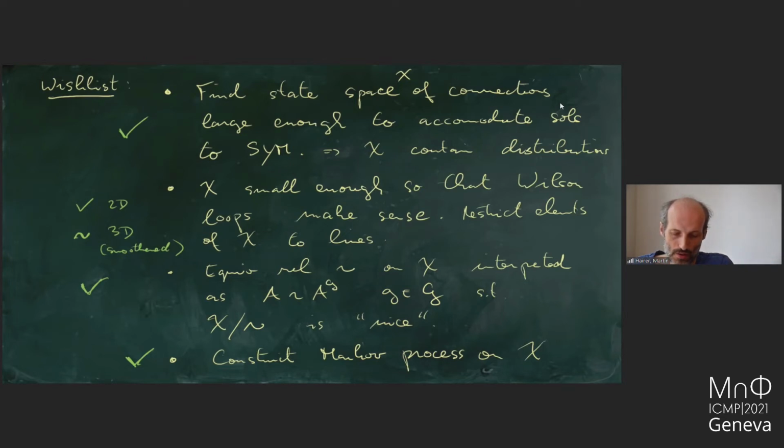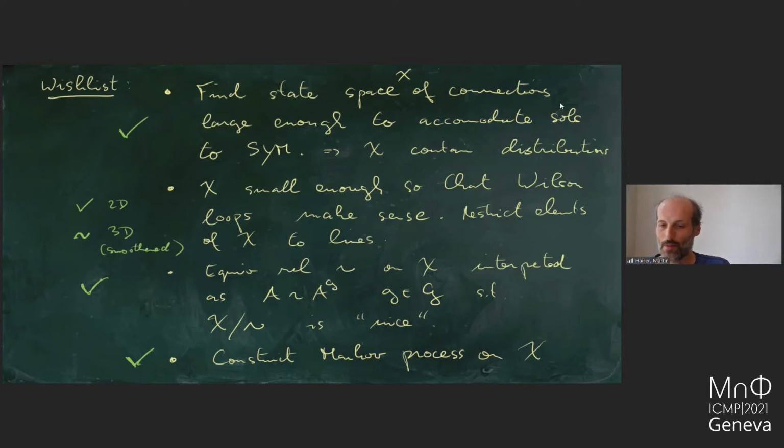We don't know. Well, there is a very recent work by Cao and Chatterjee, which is not yet published, but there are some videos online, where they give a candidate for such a state space in 4D. But it's an extremely weak space. In some sense, it is a sort of gauge invariant way of saying just the space of all distributions.